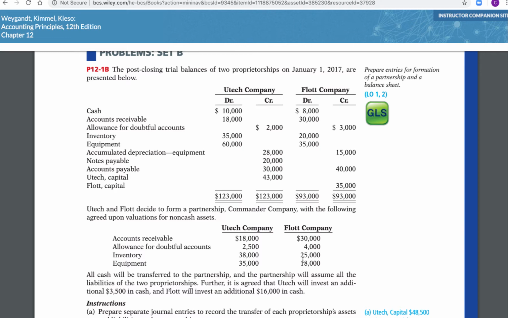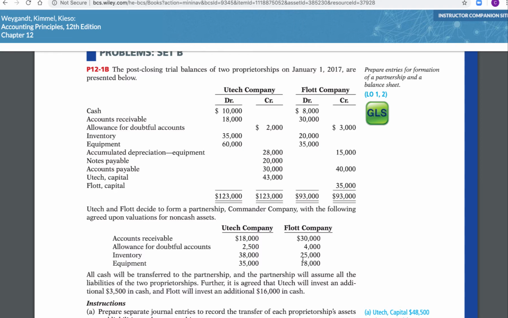I don't know when, but it was a while ago, right? When Float had a proprietorship, they purchased inventory. They bought 20 grand worth of inventory. Some time passes. Float says, you know what? I don't want to be a proprietorship anymore. I want to form a partnership with UTEC. Great. Well, I got inventory that on my books is 20 grand.